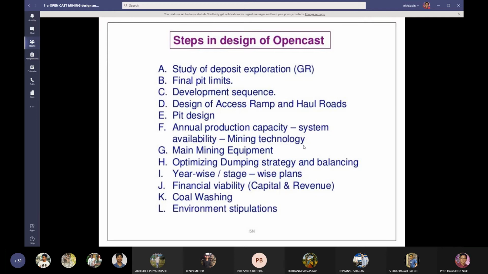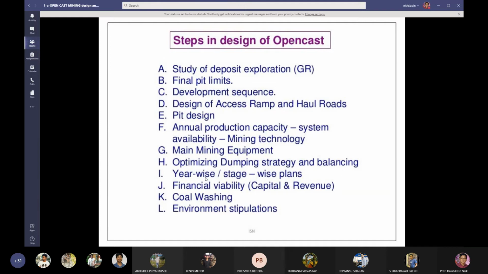Mining technology to be followed, whether shovel dumper mining, dragline mining, bucket wheel excavator mining, or ripper dozer mining, is to be selected. Then you have to purchase the main mining equipment. Then you have to optimize the dumping strategy and balancing.